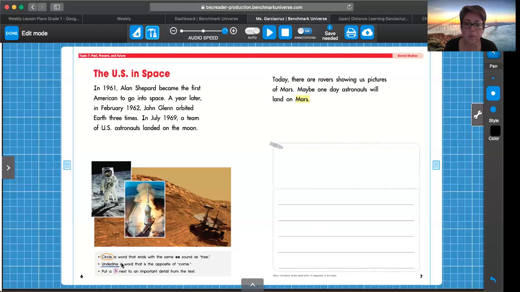It says circle a word that ends with the same E sound as free. Free, F-R-E-E, free. Let's take a look. Now it says with the same sound as free, ends with the same, oh, I think I found it. There is a word around here that ends like free. Can you think of it?